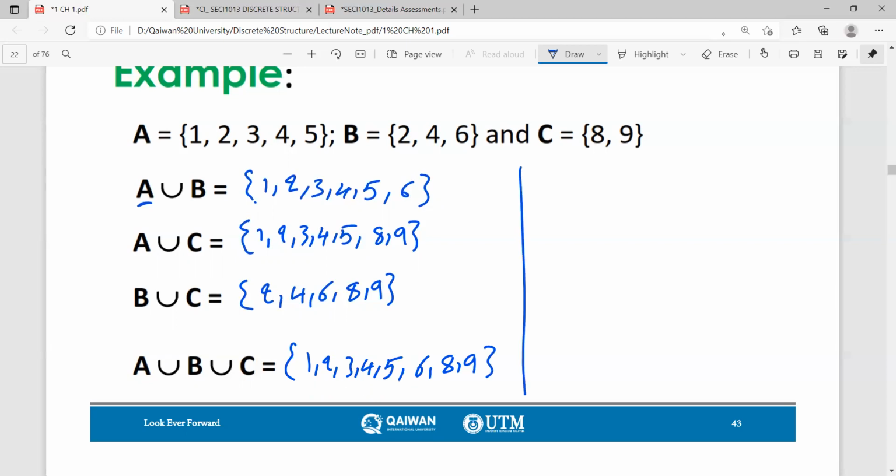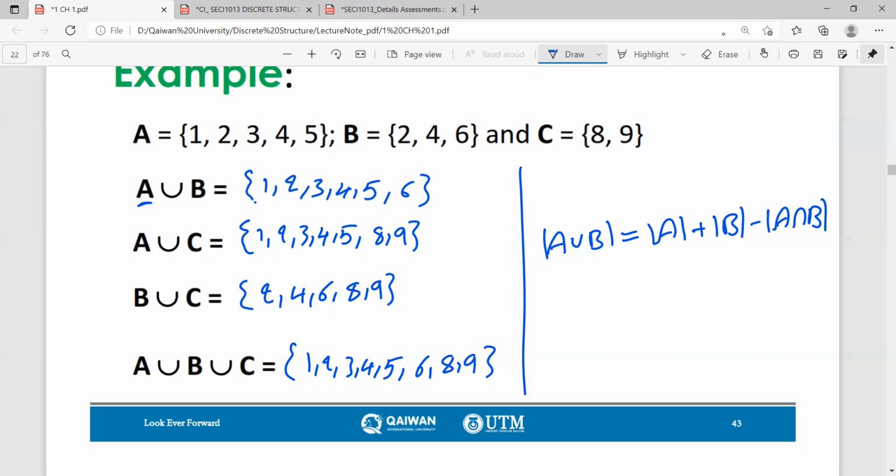So how about A union B? Its cardinality equals the cardinality of A plus the cardinality of B minus the cardinality of A intersection B. First, we should find, sorry, it's the same.